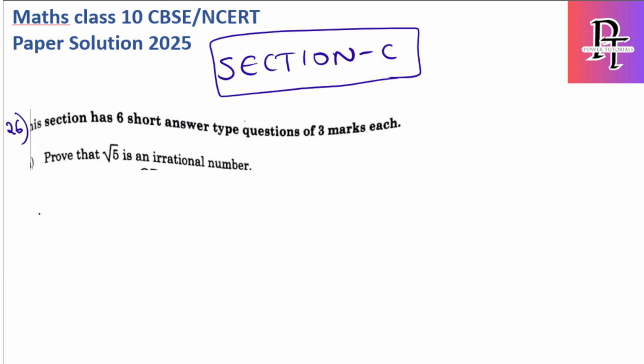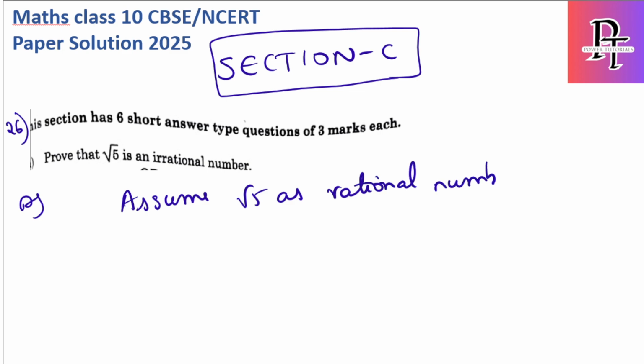So the first one of section C is they're asking to prove root 5 as irrational. This is a very easy question because this type of question will be coming for every board exam. Okay, so let's solve this. The first step is we have to assume root 5 as a rational number.